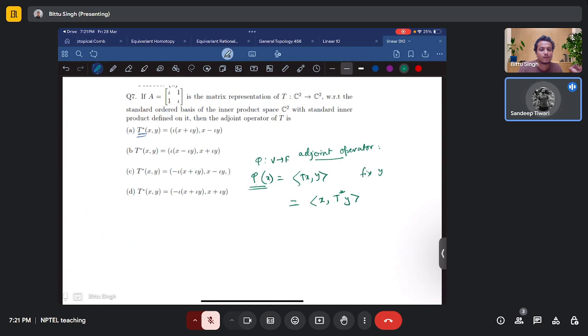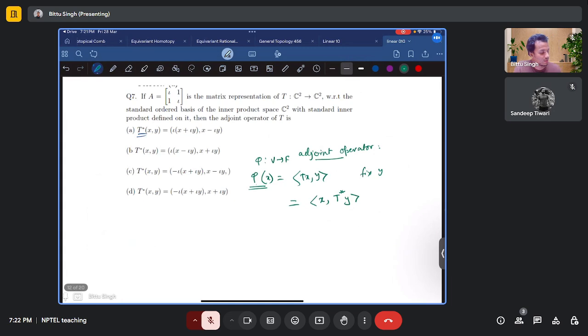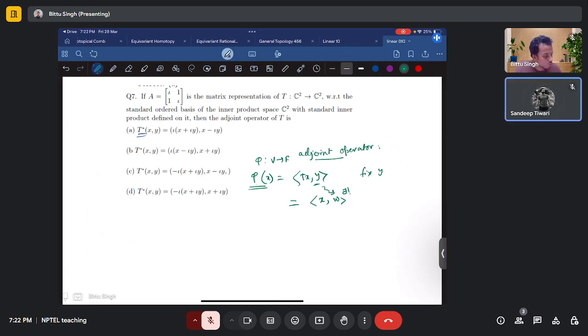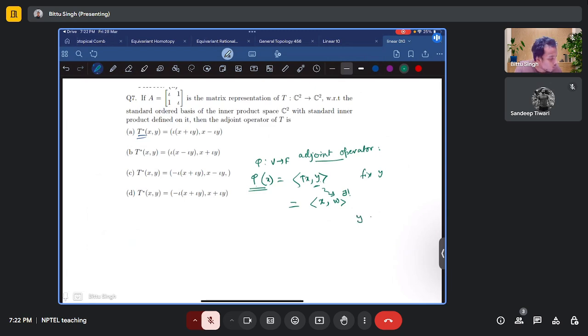What is actually T star? By the previous observation, for every y there exists a unique w such that phi of x can be written as x comma w. So we define this y to this w, and this definition is called T star. The interesting thing is that this is another linear operator.